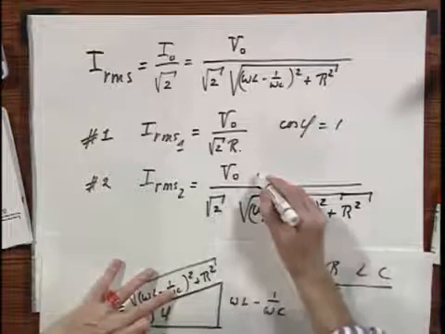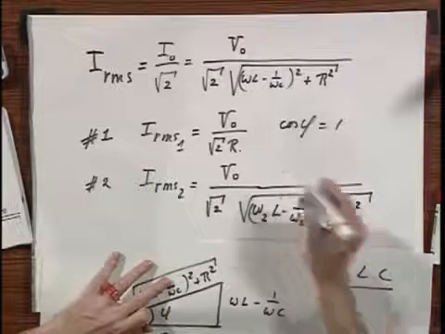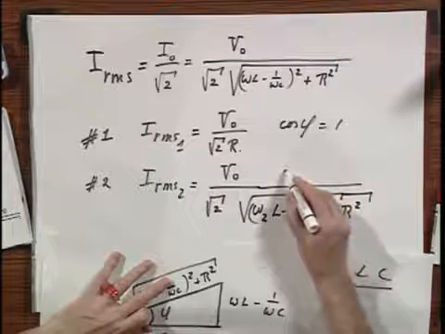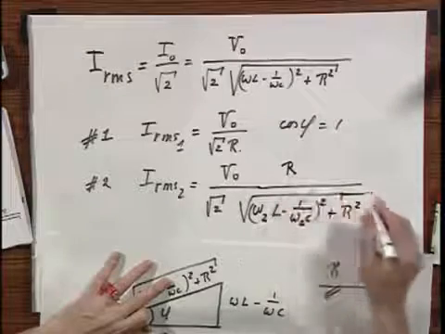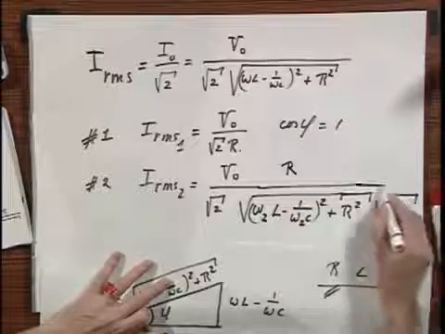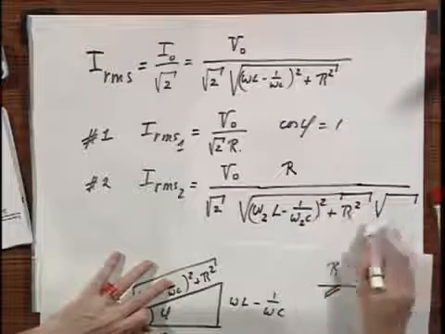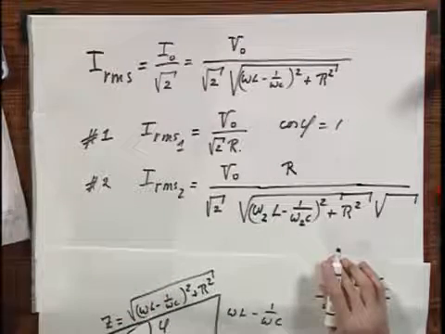But I also must multiply by the cosine of phi. And the cosine of phi equals R divided by that same square root. So the square root occurs twice.